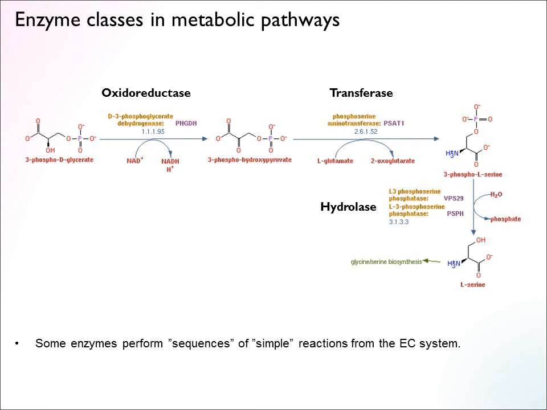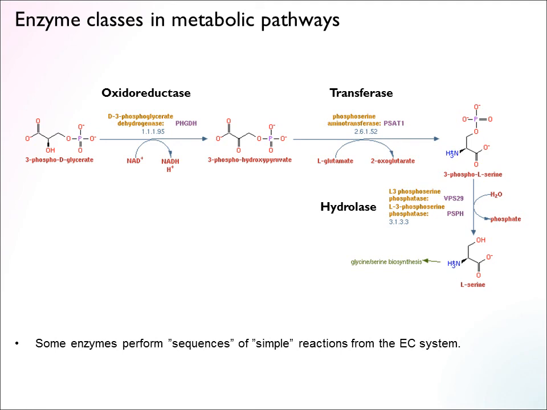You will encounter sometimes some enzymes that perform something that doesn't look like anything that fits in the EC system, something that looks more complicated. Usually those are more complex enzymes that have evolved to perform several reactions. Commonly they have multiple domains or are multimers of simpler enzymes. The pyruvate dehydrogenase complex is one example.